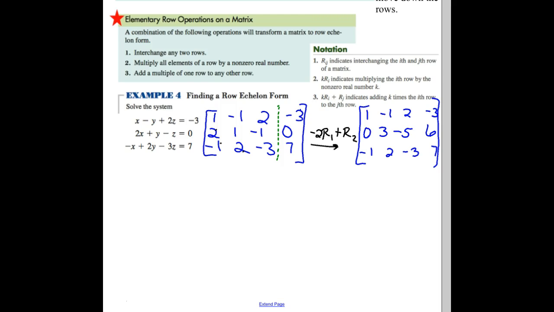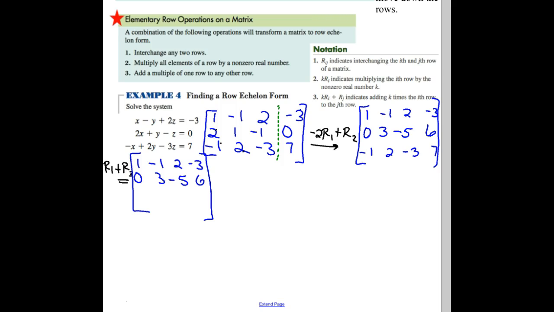Add rows 1 and 3. Okay. We are changing row 3, correct? All right. So row 1 doesn't change, and row 2 doesn't change. All right.